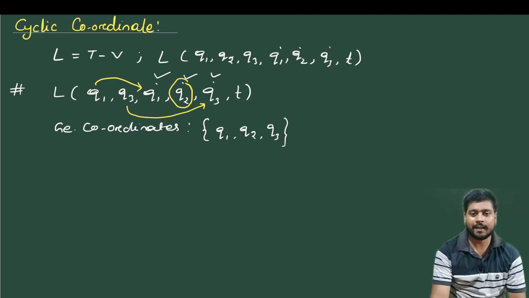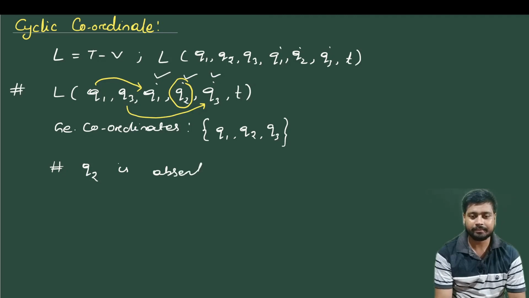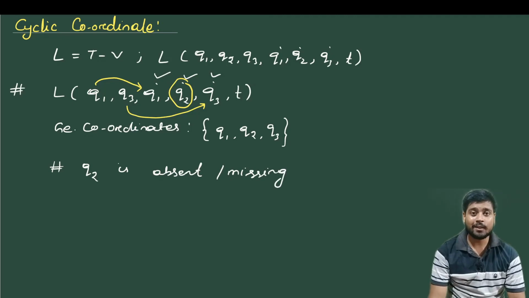So here you can say q2 is absent, or you can say q2 is missing. This missing coordinate is called a cyclic coordinate. Then how can we identify this missing coordinate?